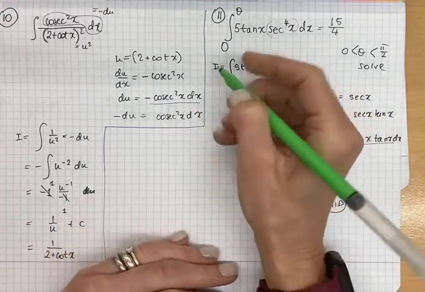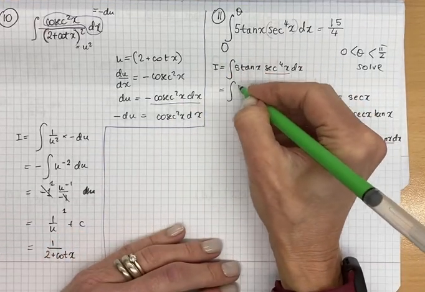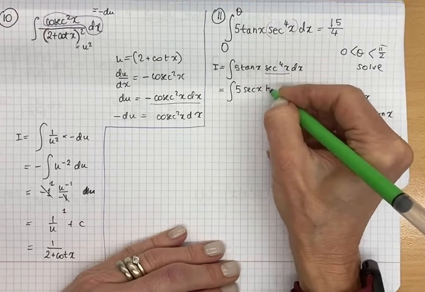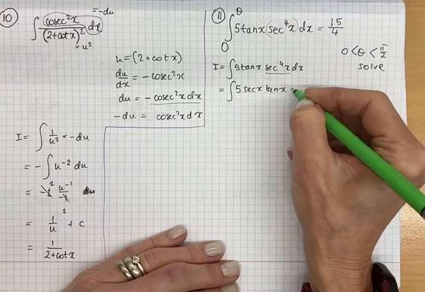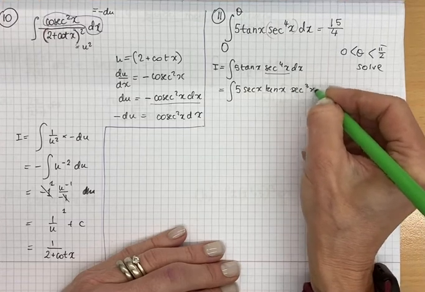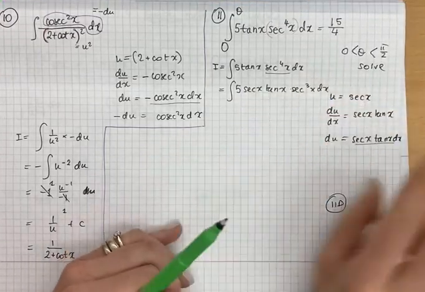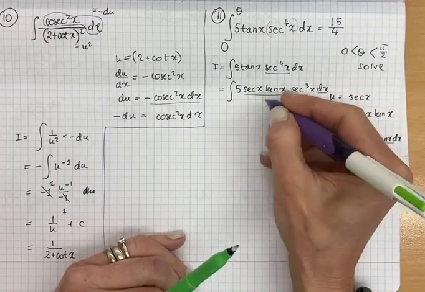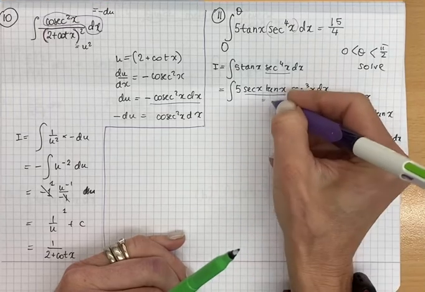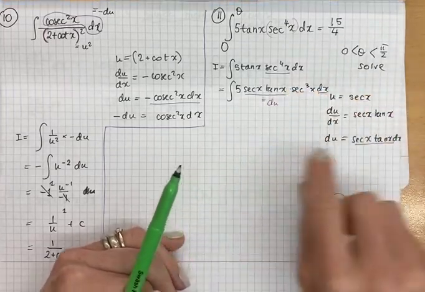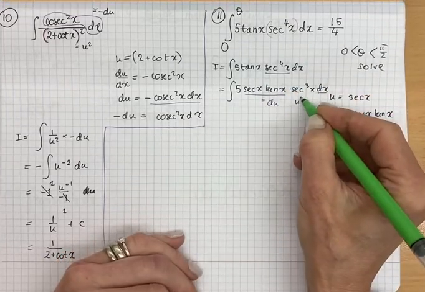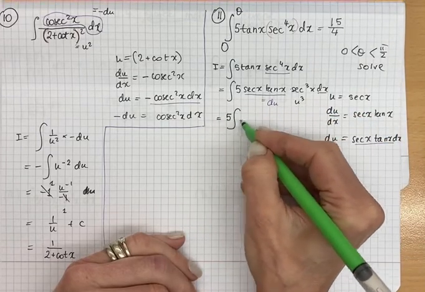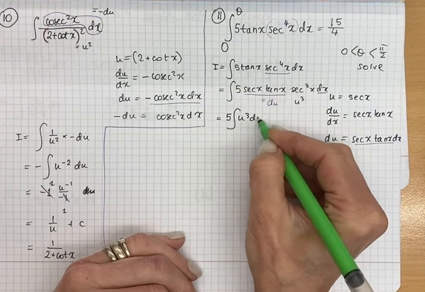Well, I do, because if I write this as 5 and take one of those sec, so sec x tan x, and then followed by sec cubed, you could see that I've got sec x tan x dx, and that could be replaced with straightforward du. And then this one here is going to be u cubed, and then you've got 5 here, so it's going to be 5 u cubed du.